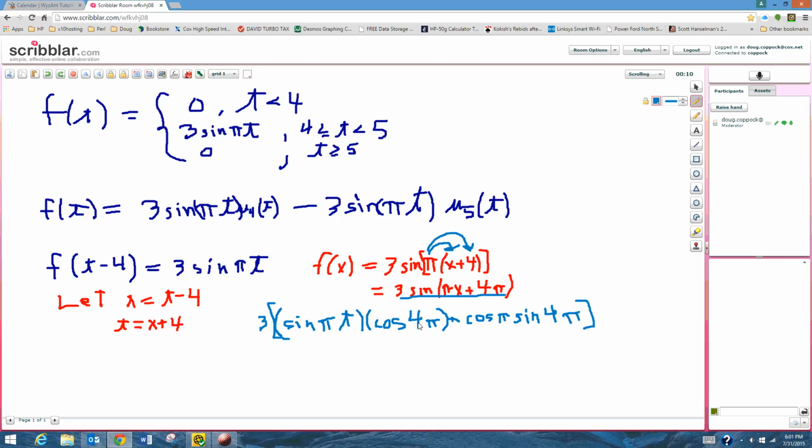The point is that these guys right here, cosine of 4 pi, what is that? Where is 4 pi? Well, it's 2 revolutions around the unit circle. So the cosine of 4 pi is 1. So this term just becomes 3 sine of pi t.